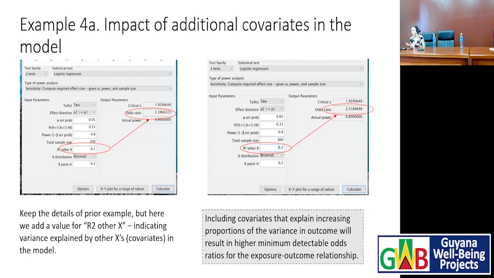And so what's going on when you can detect that smaller odds ratio is that you're actually detecting something that's not really due to your exposure if you're not addressing those covariates, but you can see how that impacts the power.